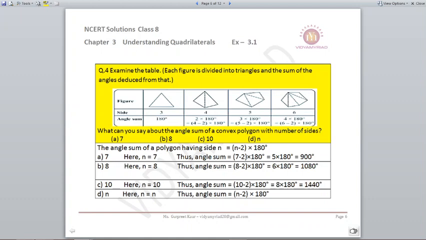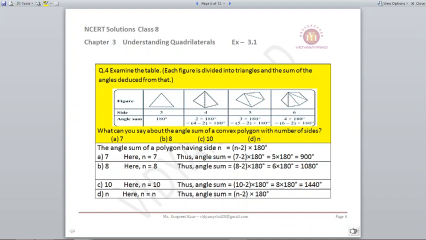Like this, we will find the angle sum property for when the sides are 7, 8, 10 and n. When the sides are 7, the formula is n minus 2, where n is 7. So 7 minus 2 multiplied by 180 degrees, so 5 into 180 degrees, that comes to 900. Next, when the sides are 8, the formula is 8 minus 2 into 180 degrees, so 6 into 180, that comes to 1080.